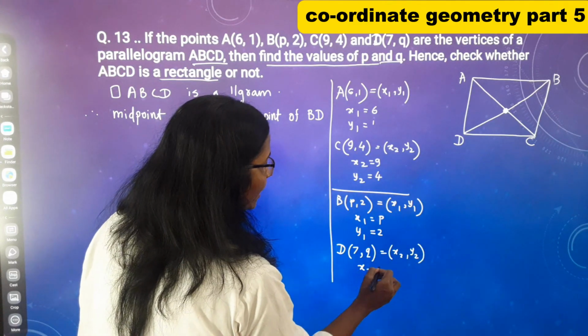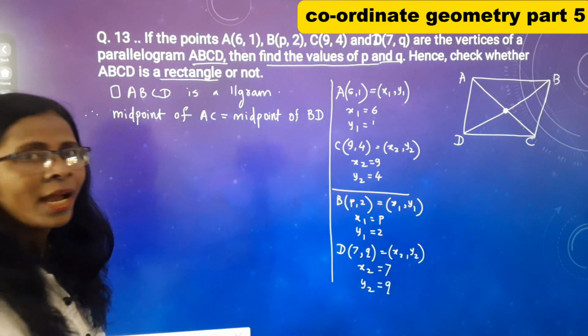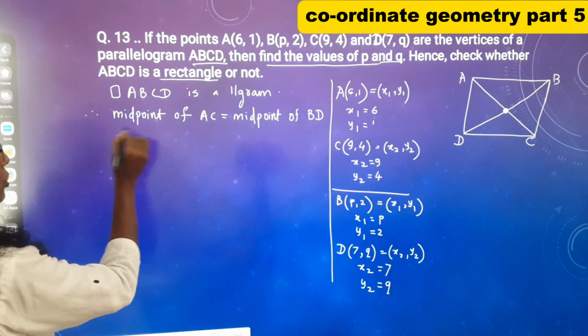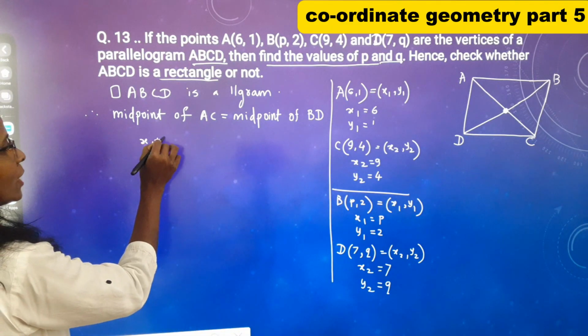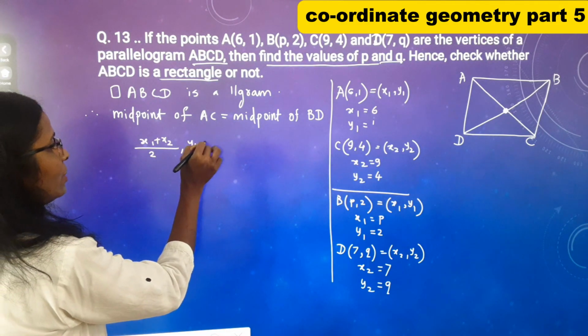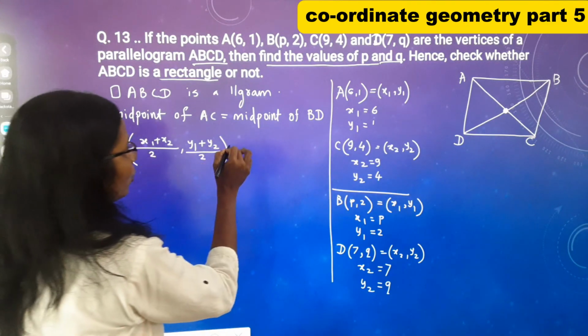Then x2 becomes 7 and y2 becomes q. So the midpoint of AC and the midpoint of BD. The formula for this is (x1 plus x2) upon 2 and (y1 plus y2) upon 2. We get the coordinates.